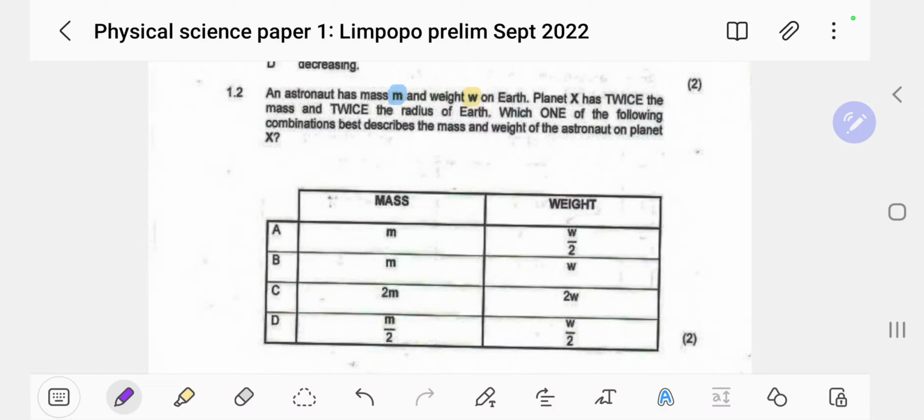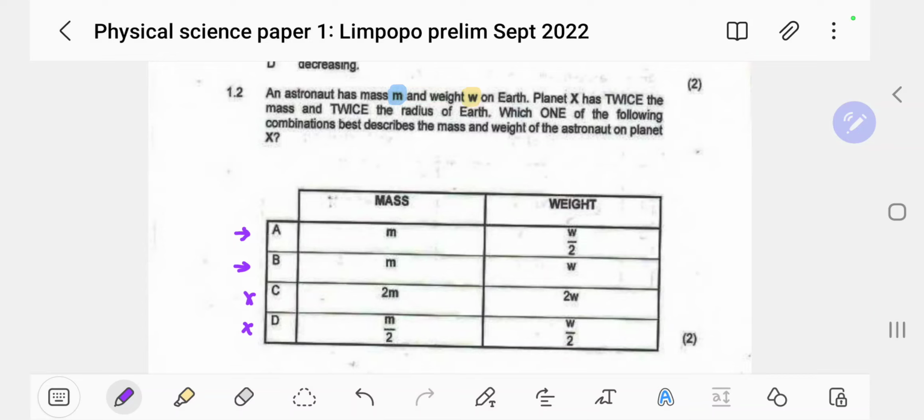Okay, now here you've got two options. You can do the calculation or you can just figure it out. Let's just see. First of all, the mass is constant. It's a scalar quantity. It never changes depending on where you are. So we know that every option that has mass m for the astronaut is important. And then everything else that says otherwise, I mean, the mass cannot be twice or half because the mass is just the mass, all right?